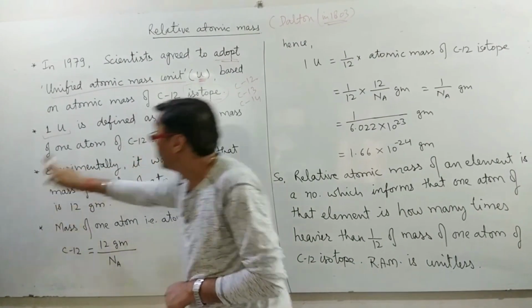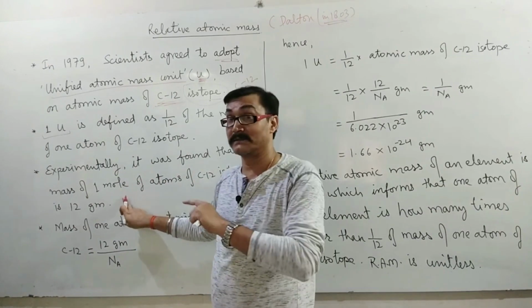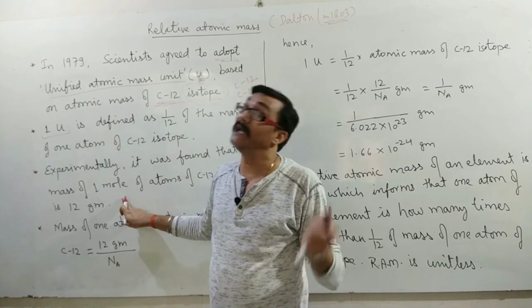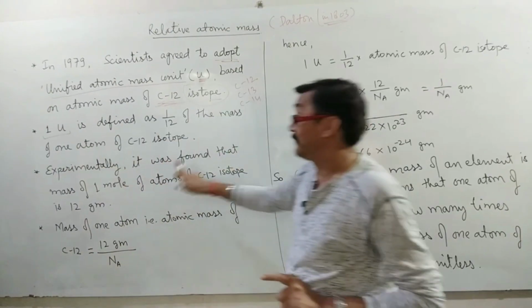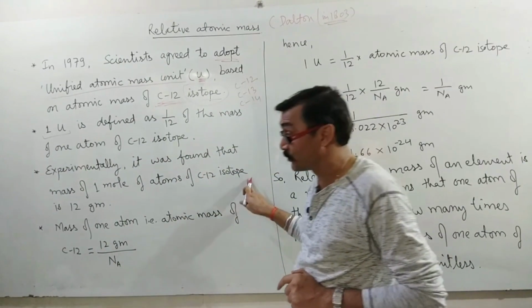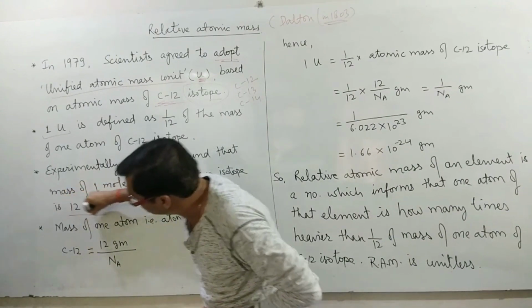Experimentally, it was found that the mass of 1 mole of atoms, and in the previous video we have studied what is mole, of the carbon-12 isotope is 12 gram. It is an experimental value.